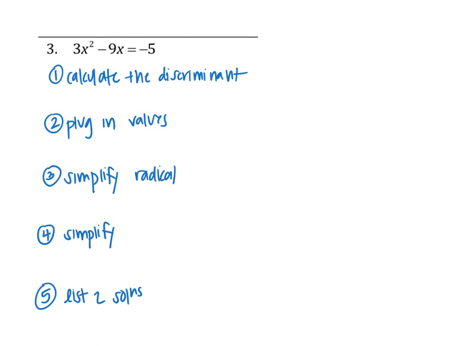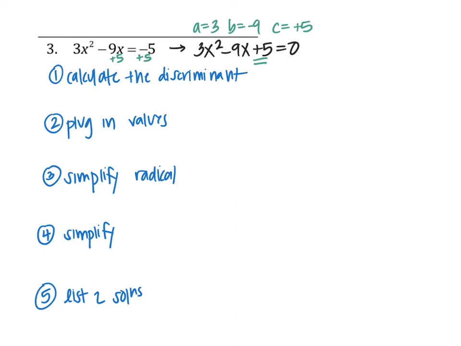Now what I notice on number 3 is that it doesn't equal 0. So the first thing I need to do is rewrite my quadratic using inverse operations so that it equals 0. So at the top, I know A equals 3, B equals negative 9, and C equals positive 5, right? Because I have to use inverse operations and move it to the left side.